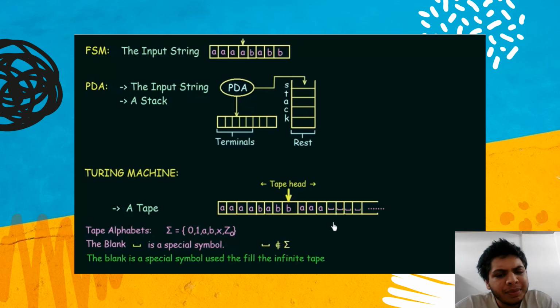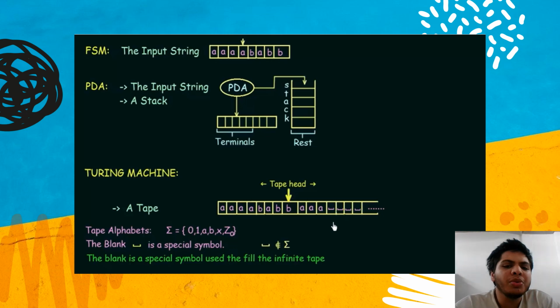In push-down automata, the data structure that we have is an input string and also a stack. Because of the presence of a stack, the push-down automata is more powerful than a finite state machine. And the class of languages that it accepts are the context-free languages, which are a higher class of languages as compared to regular languages. This is a diagram. We have the input string and also the stack, which added more power to the push-down automata.